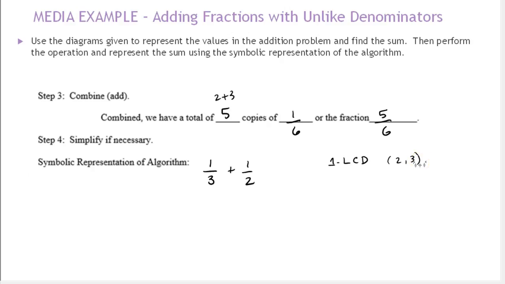Okay. You have a few ways you can do this. The way we did this is we multiplied 2 times 3, and then we divided by their greatest common factor, which in this case was 1, because 2 and 3 don't have any factors except 1 in common.